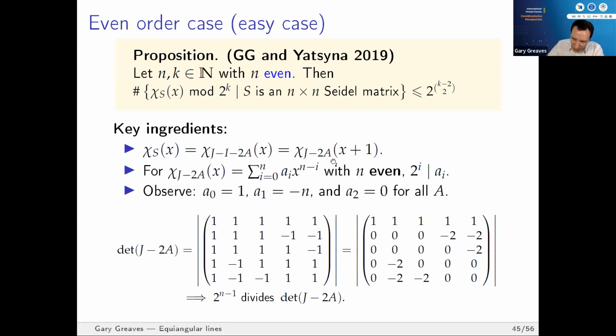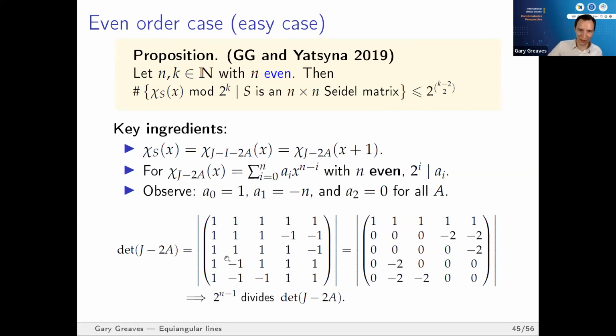If you think instead of Seidel matrices, but of these slightly shifted matrices, it's quite easy to see that they have an intimate connection with the number 2 when it comes to determinants. For example, if I look at the determinant of J minus 2 times an adjacency matrix, it's like a Seidel matrix, but you have 1s on the diagonal because you're not subtracting I. So you have 1s on the diagonal and then plus or minus 1s off the diagonal.